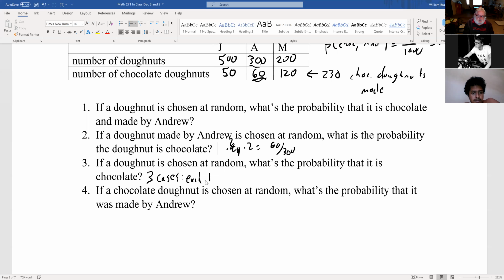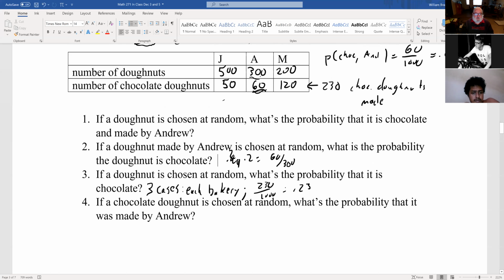So if you want to go with the tree, you have to consider the three cases, each bakery. If you just go with 1,000 donuts made total, then 230 over 1,000, which is 0.23. 23% of all donuts were chocolate.